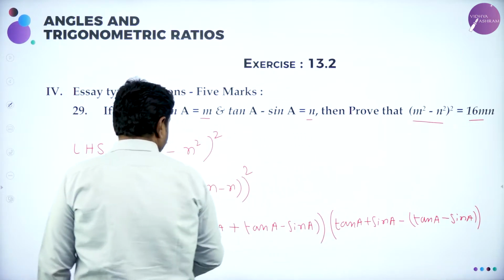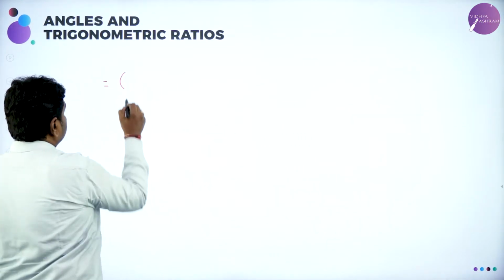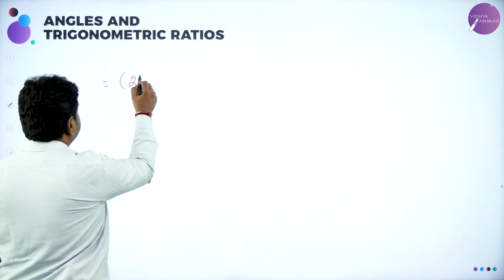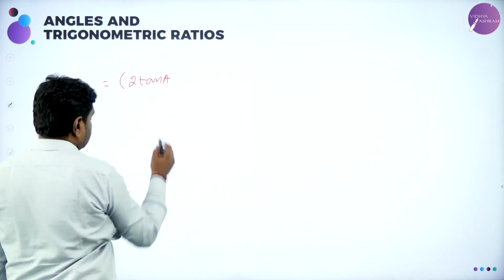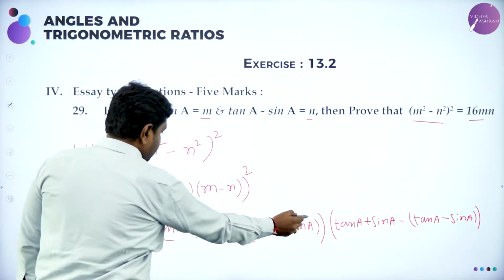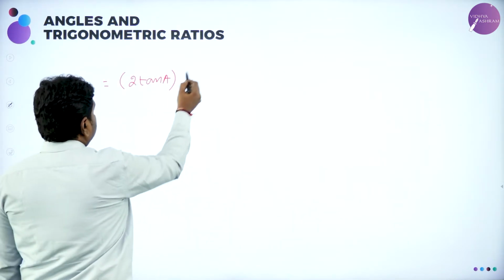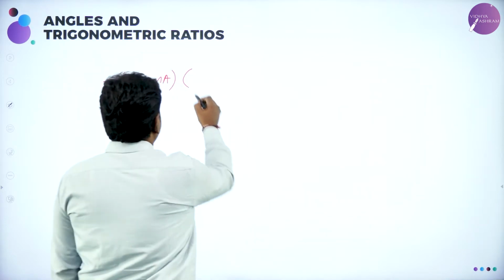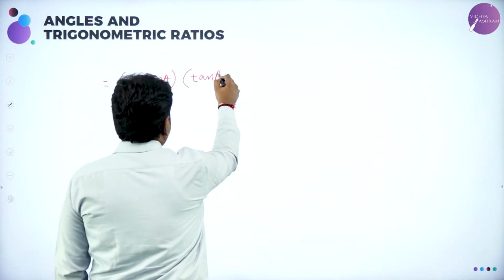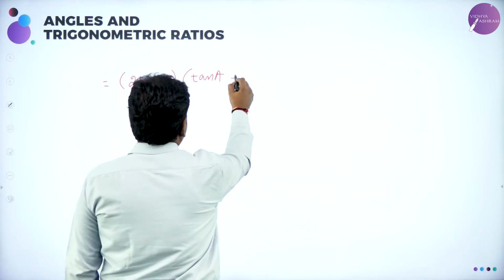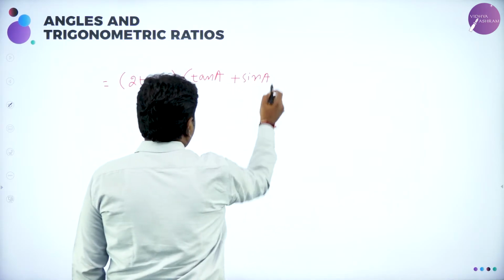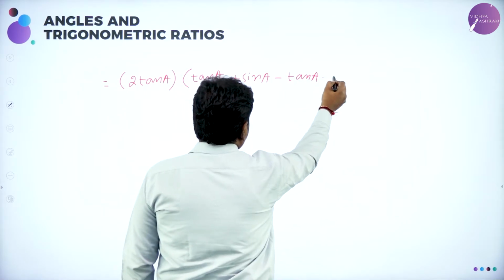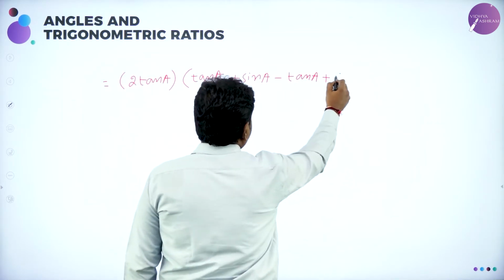Further, if you simplify, it will be tan a plus tan a is 2 tan a, sin a minus sin a cancels, and the next term, if you expand this, you will get tan a plus sin a. If you open the brackets, minus tan a plus sin a.